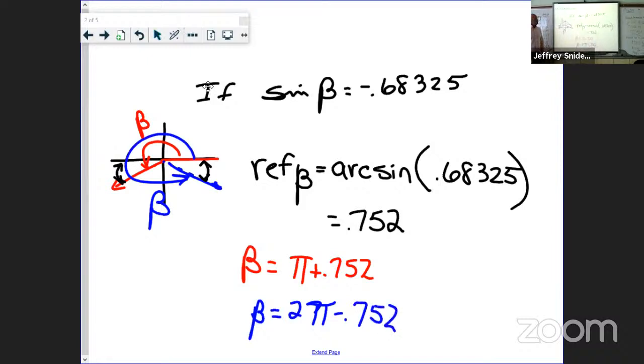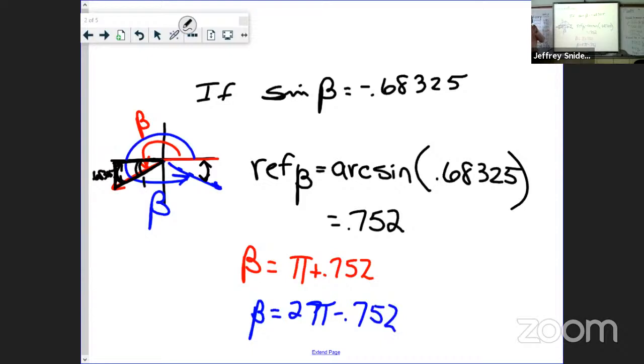Can you explain the arc sine part again? Like why you change it to positive? Because I want this angle. If this is 0.68325, that's a y value. So I'm doing the arc sine to give me the angle there.